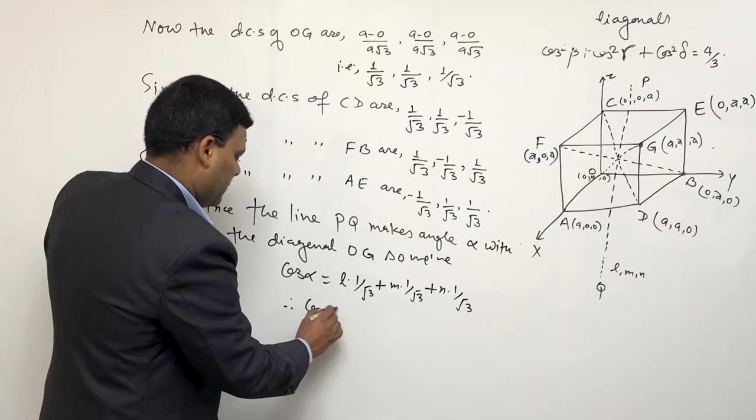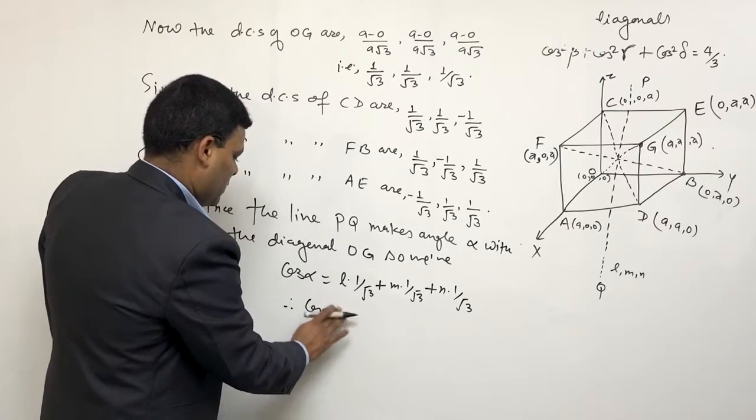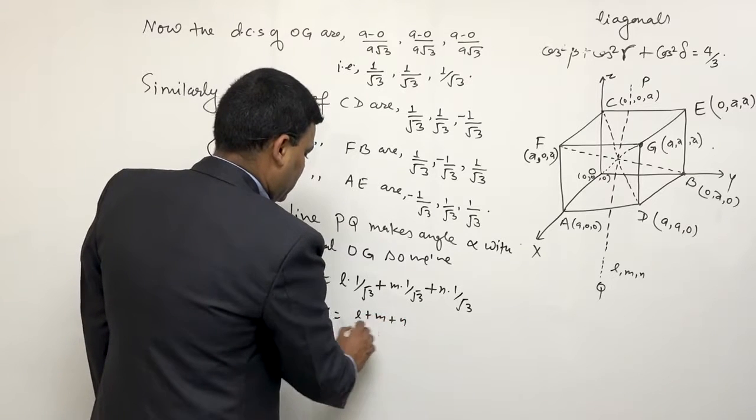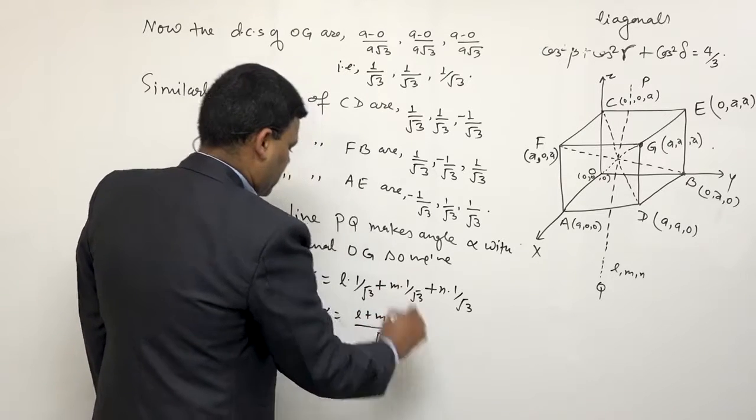Therefore, cos alpha equals L plus M plus N divided by root 3.